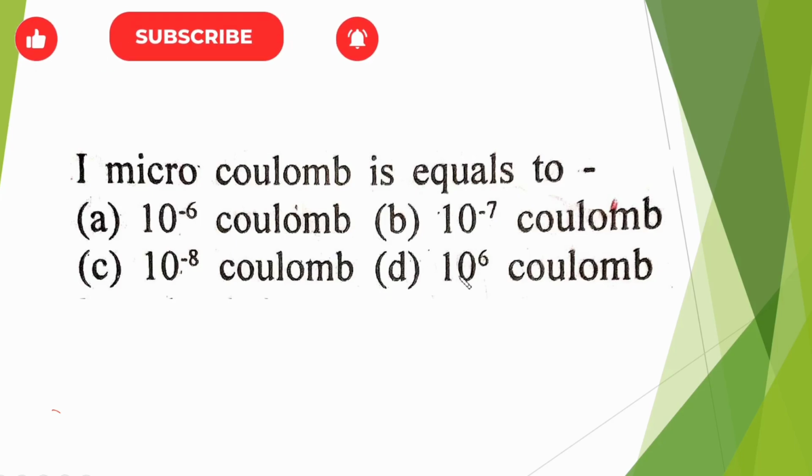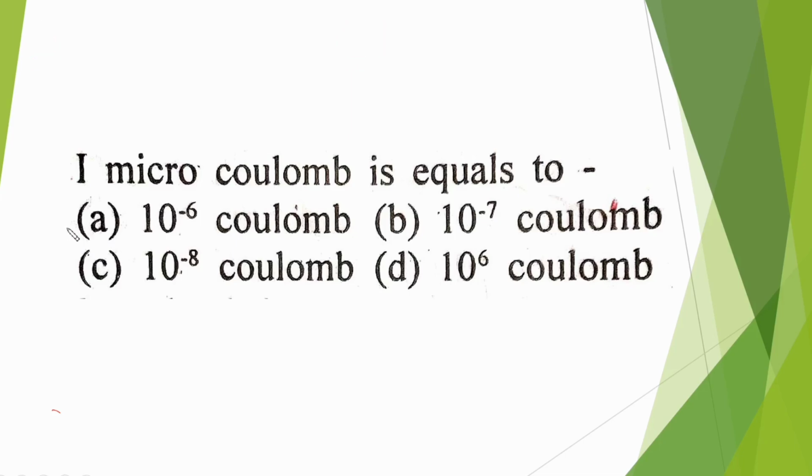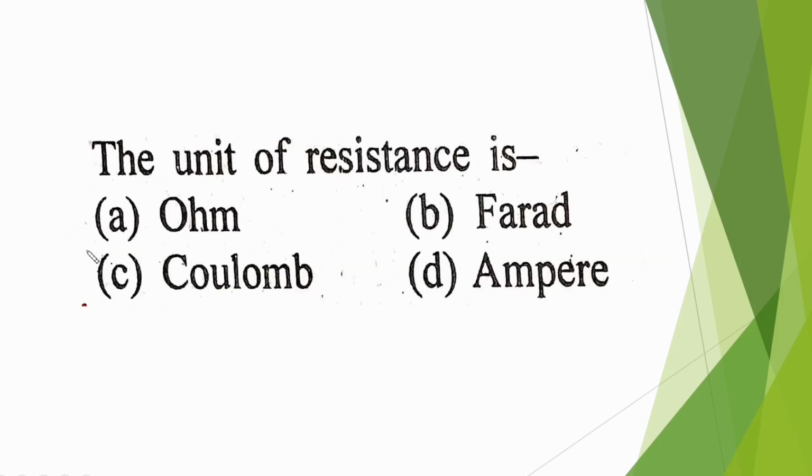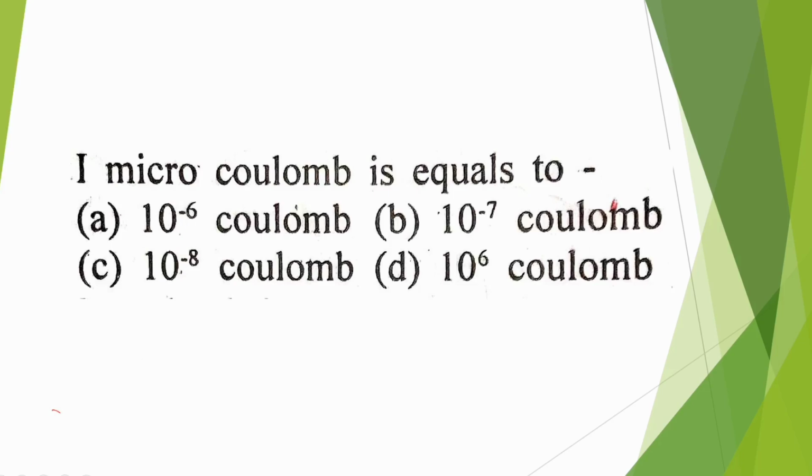So what will be the correct answer? The correct answer is 1 microcoulomb is equal to 10 to the power minus 6 coulomb. So we'll go to the next question.